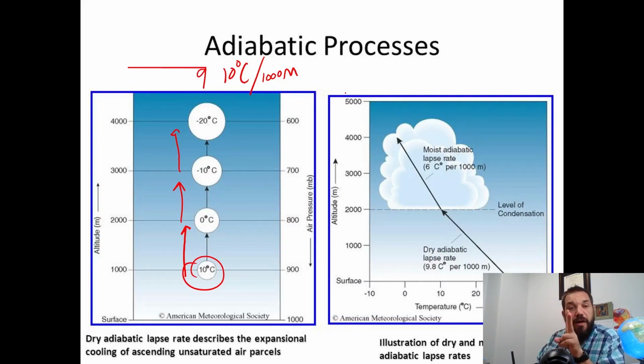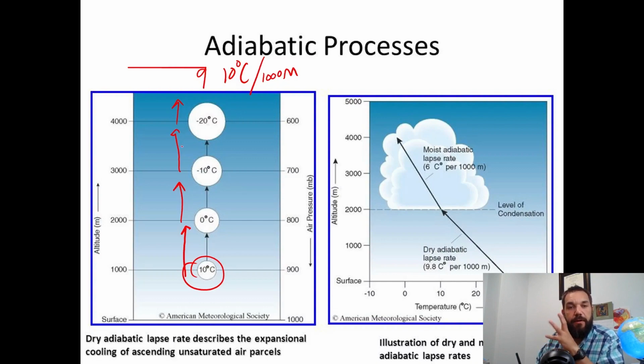There are two kinds of adiabatic lapse rates. There's the WALR and the DALR, and you have to know the difference in this class between the WALR and the DALR. The DALR is the dry adiabatic lapse rate. That is the lapse rate that occurs when there is no condensation.